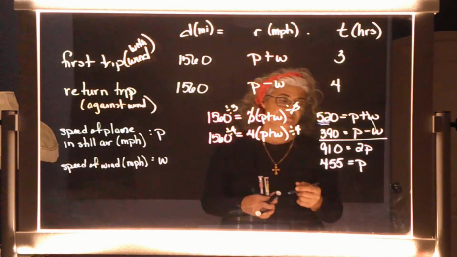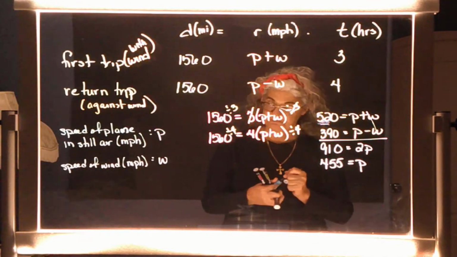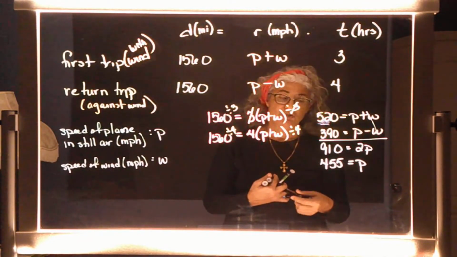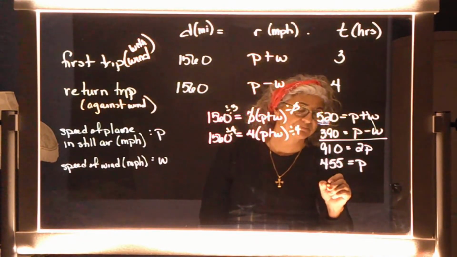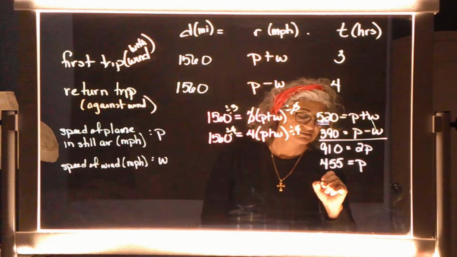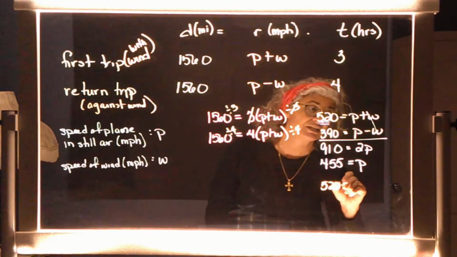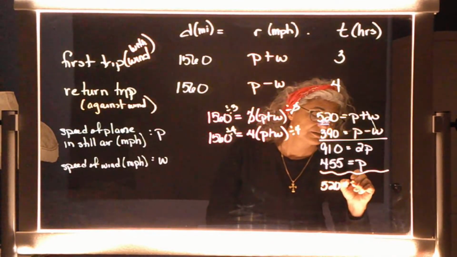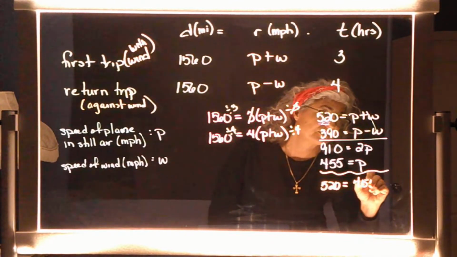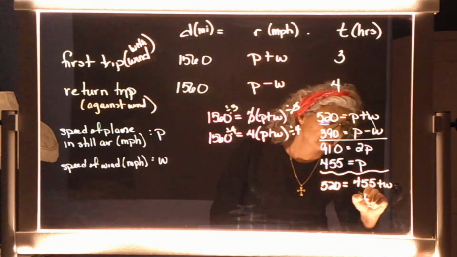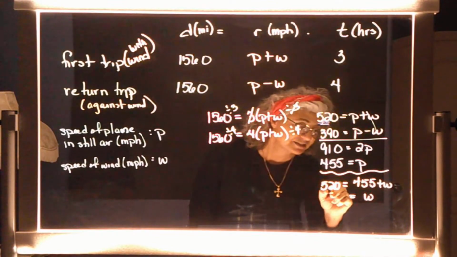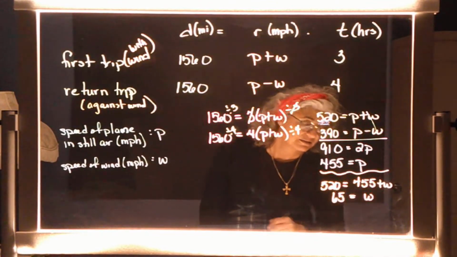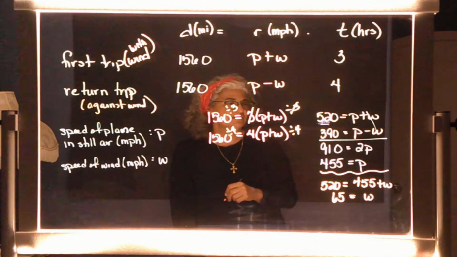Got it. I still need to find W. So, plug it into either equation. It doesn't really matter. I'm just going to use the 520 equals the P, which is 455, plus W, and subtract from both sides. And I end up with 65. Did you get 65?